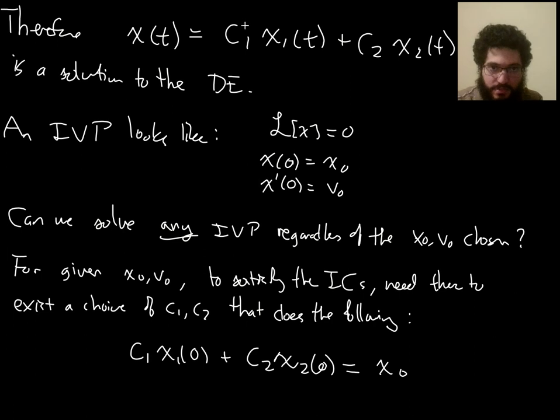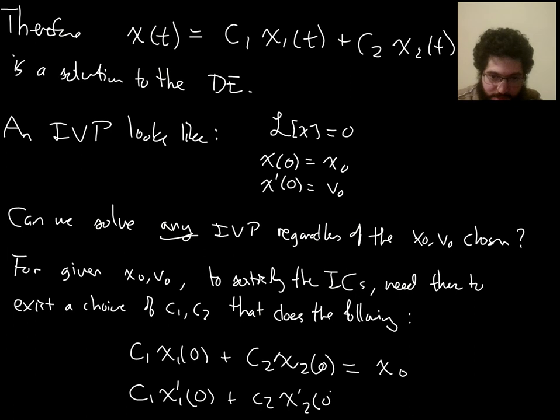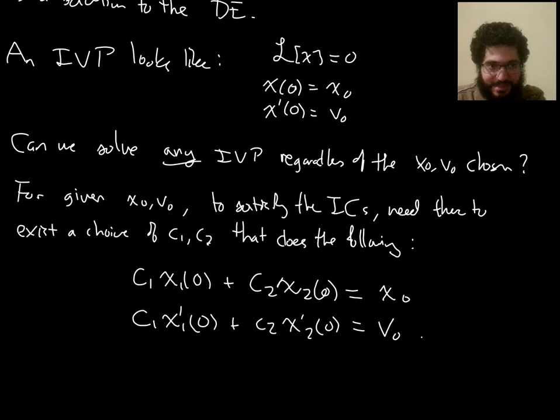X prime of 0, well, that would be C1 x1 prime of t plus C2 x2 prime of t, and then plug in t equals 0. So C1 x1 prime of 0 plus C2 x2 prime of 0 equals v naught. So we'd need there to exist a choice of C1 and C2 that makes this system of equations true. Interesting. So we have found the general solution if this is possible.